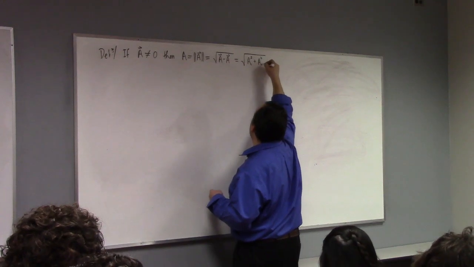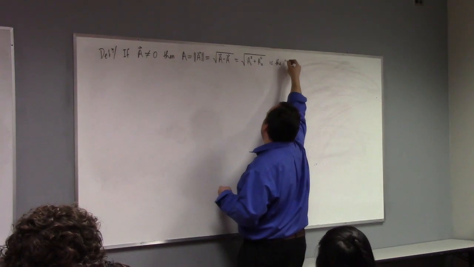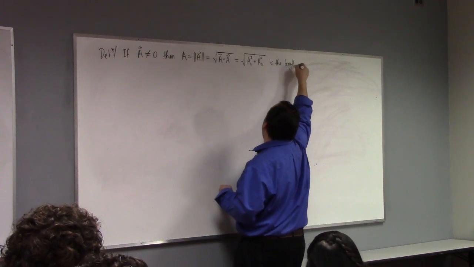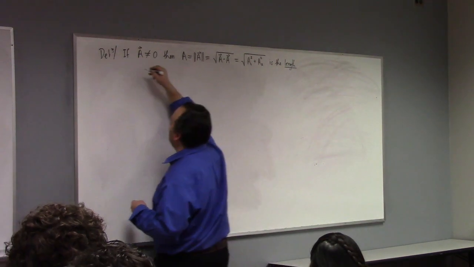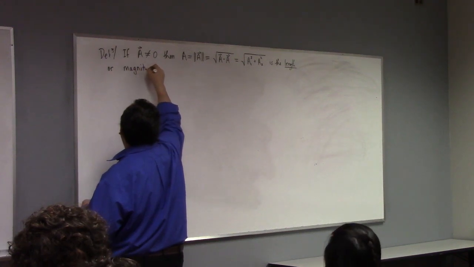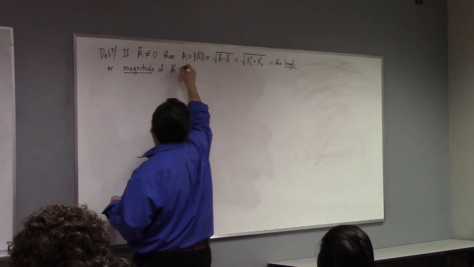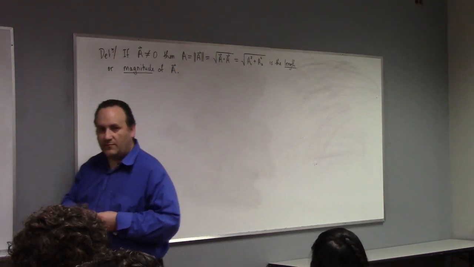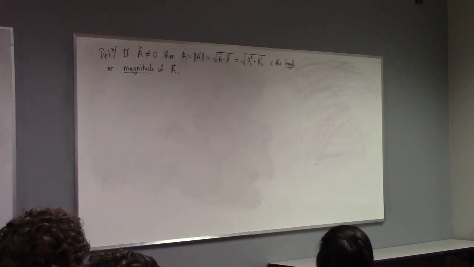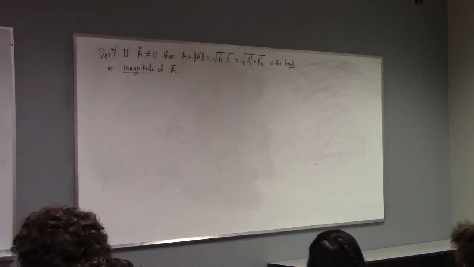So this is the length or magnitude of A. Notice the notation here. We write with the vector is a vector. Without the vector is the length of the vector, which we call the magnitude, all right?